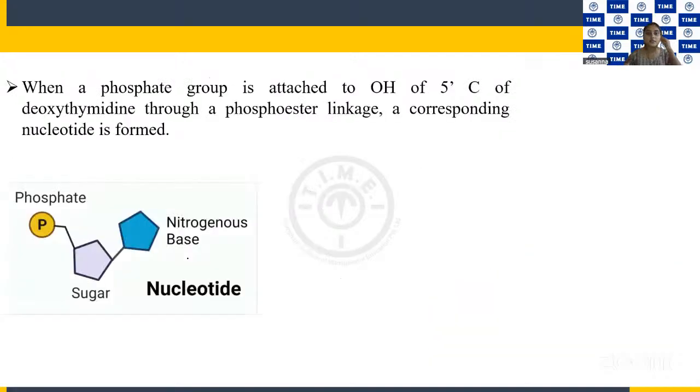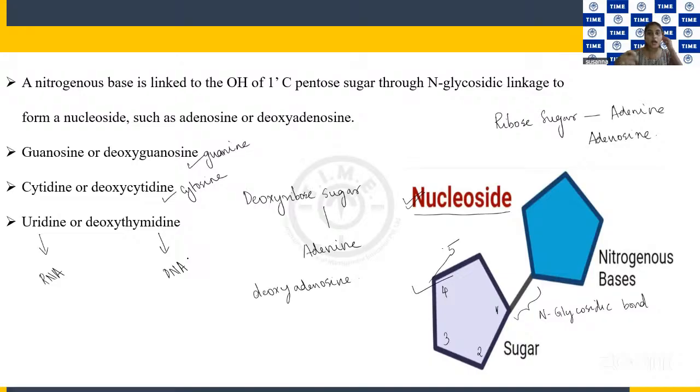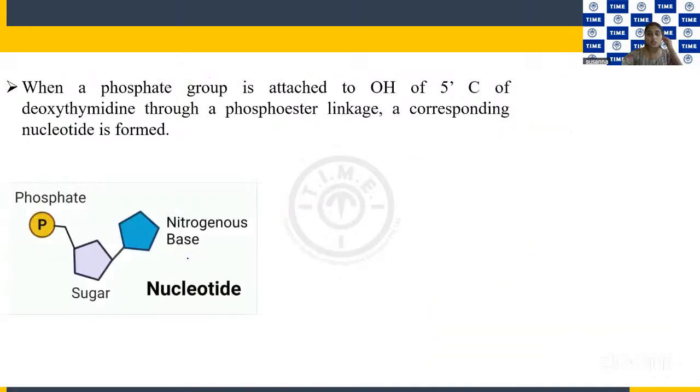So in this slide, we studied how a nucleoside is formed. Next we learn how a nucleotide is formed. When a phosphate group is attached to the OH of the 5' carbon of deoxythymidine through a phosphoester linkage, a corresponding nucleotide is formed.